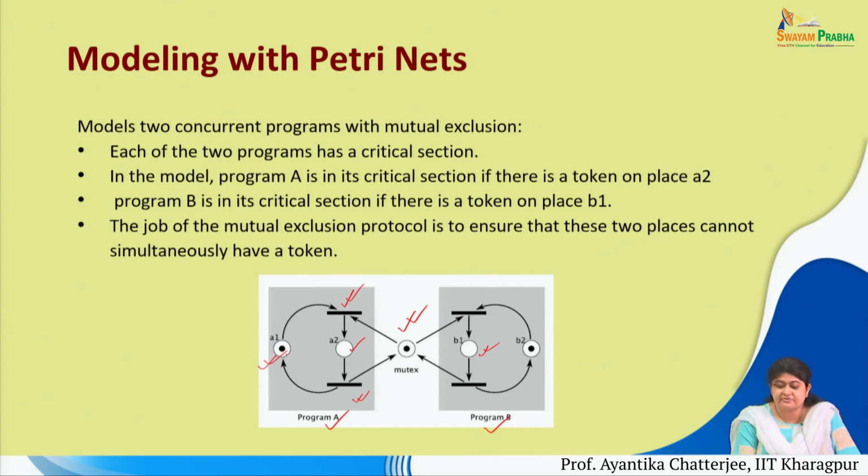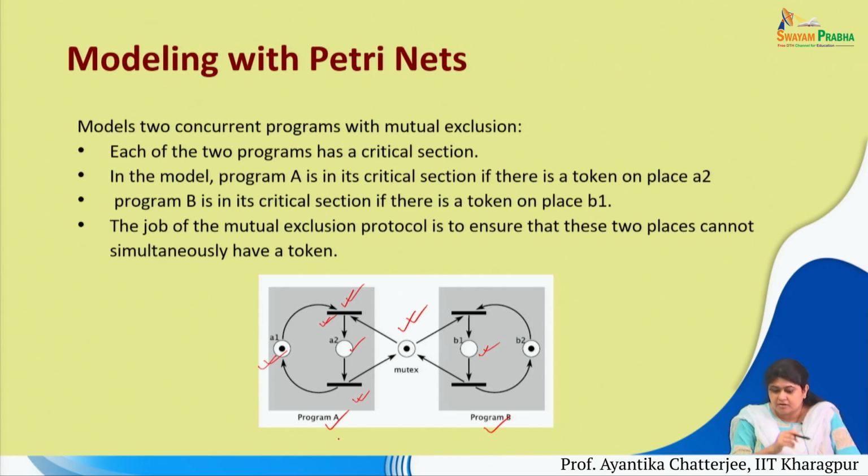Observe, if there is an input token in A1 and a mutex token, and program A consumes this mutex token, then only this transition can happen, and then only a token will come to A2. That means A is holding the critical resource, or A is in its mutual exclusion step.